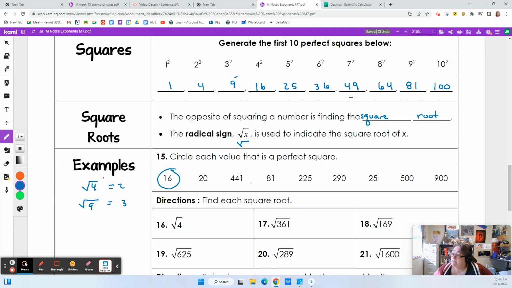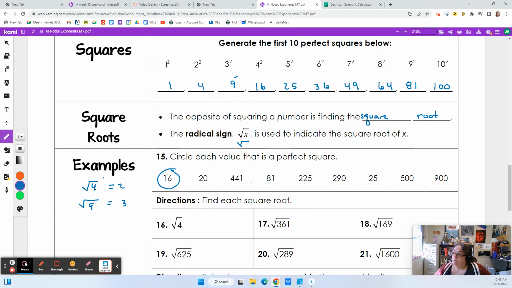Are any of these 20? No, right? We know that the only thing between 16 and 36 is 25, right? We know if we square 4, we get 16, and if we square 5, we get 25, and 20 is somewhere in between that, so it's not a perfect square.